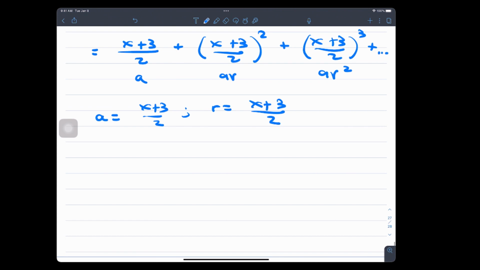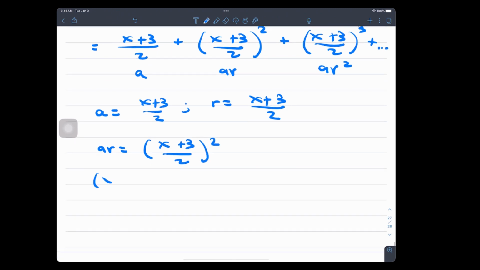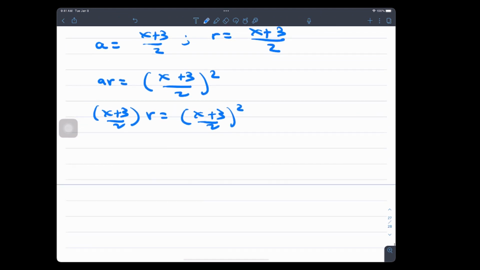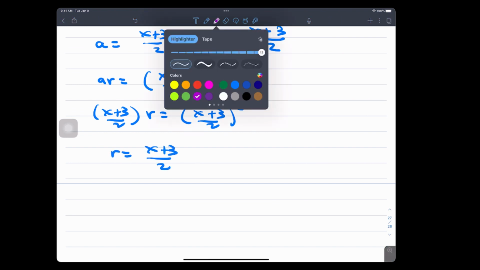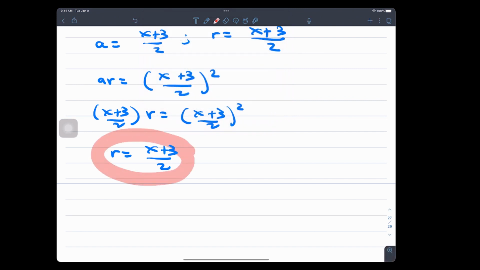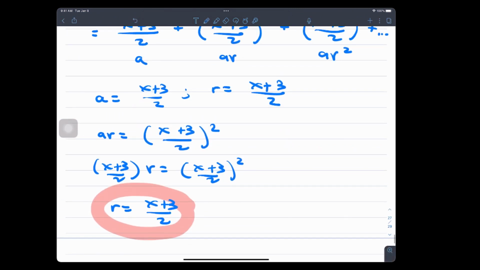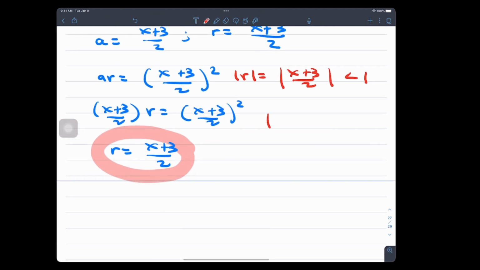How do we know that's the case? If the absolute value of R, the absolute value of x plus 3 over 2, is less than 1, what does that mean? We have convergence.